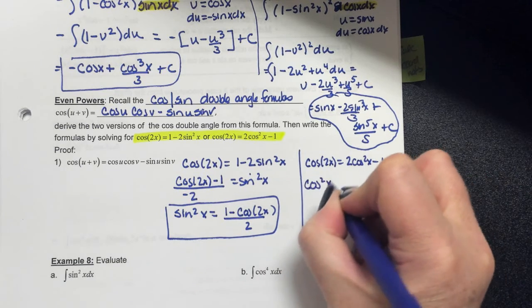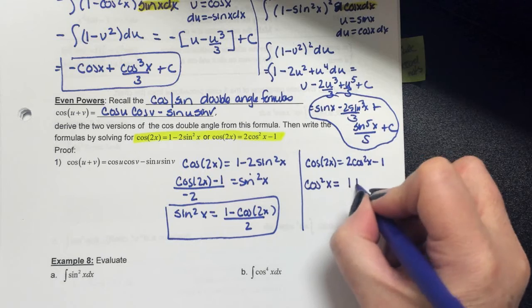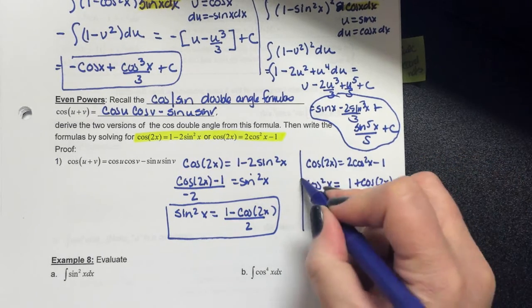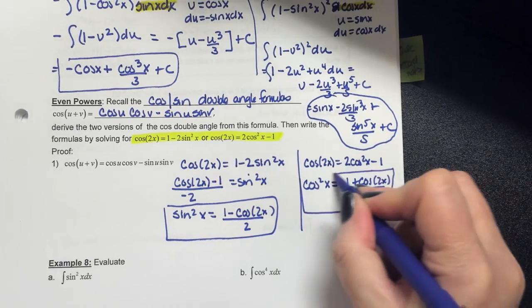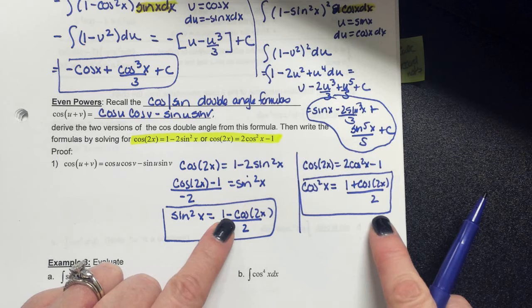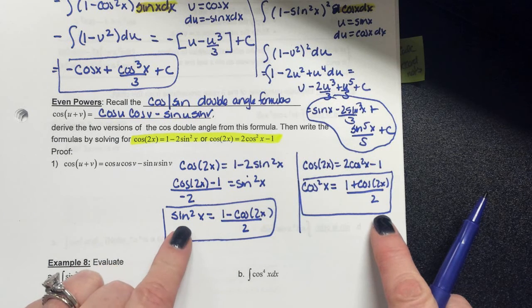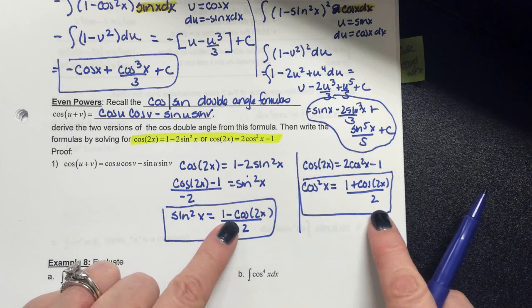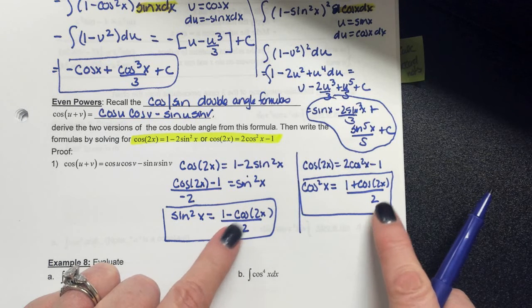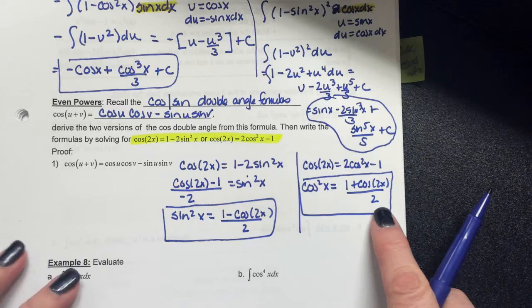So cosine squared x is equal to 1 plus cosine of 2x all over 2. Notice they're exactly the same, except sine has a subtraction sign, and I always remember because sine begins with an s, so does subtraction. So these are the double angle formulas we're going to need to remember when we deal with integrating sine or cosine raised to an even power.